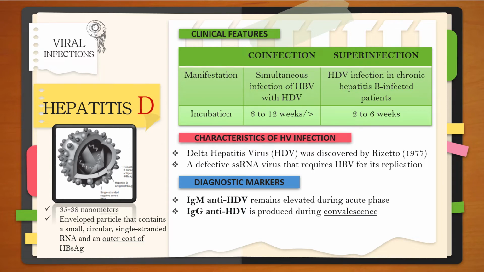And class, superinfection actually has a higher rate of mortality associated with what we call fulminant hepatitis. And like any other hepatitis markers, IgM anti-HDV is evident during the acute phase, and IgG anti-HDV is evident during the convalescence period.